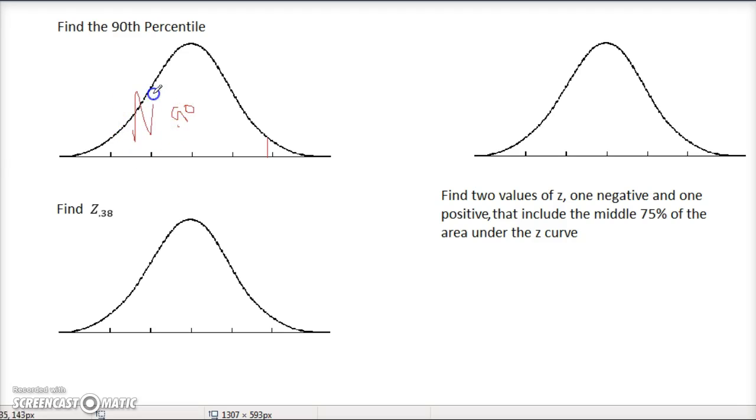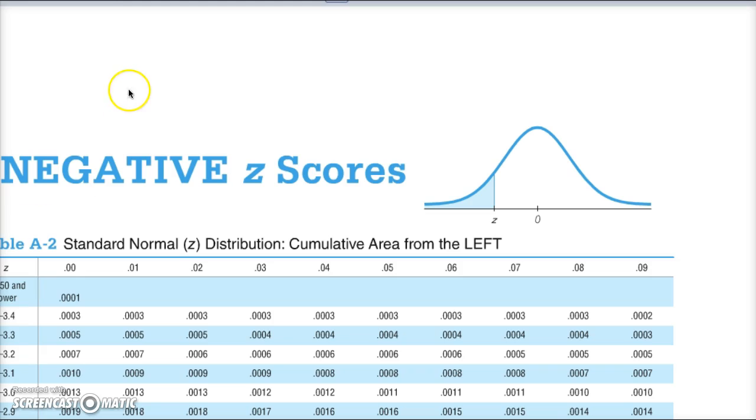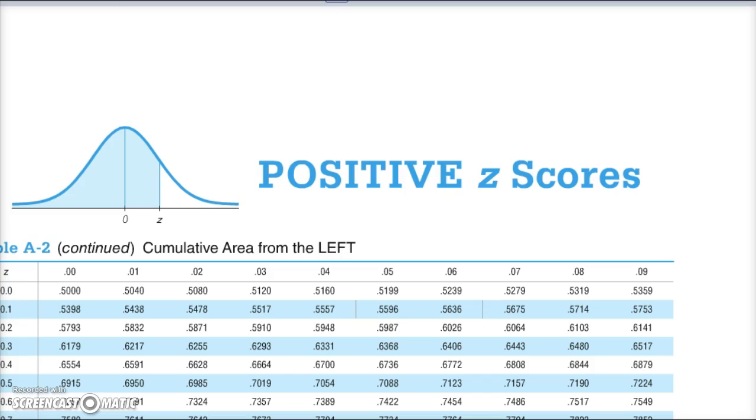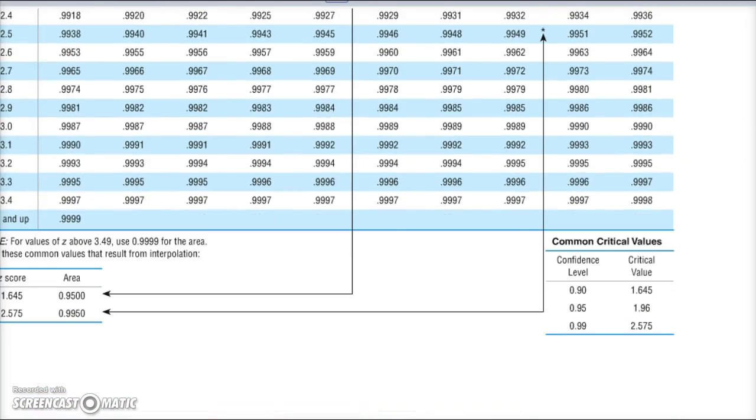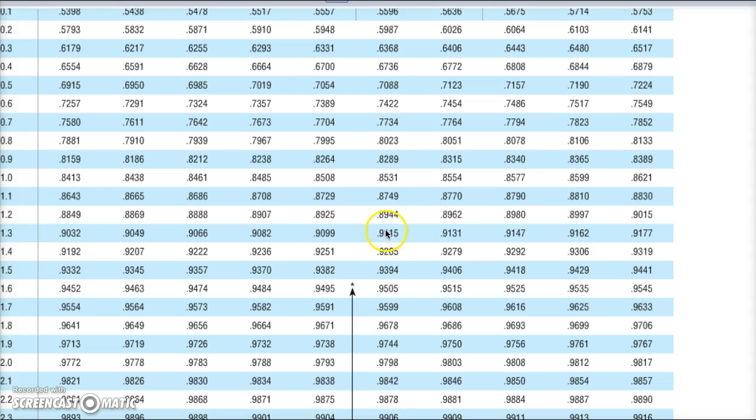So we can shade to the left. And all we have to do is go to the normal distribution table and we look for the positive side. Again, the positive side. And we're looking for the value in the middle of the table that is closest to 0.90.